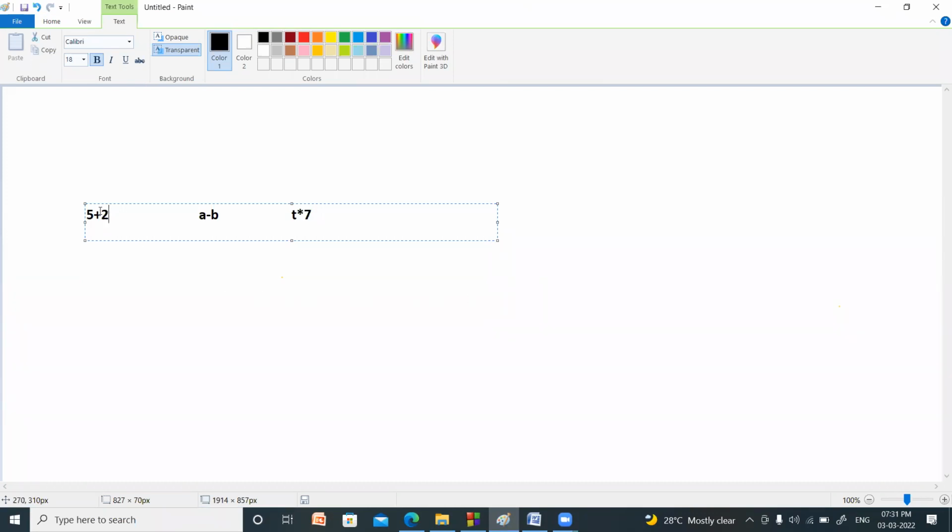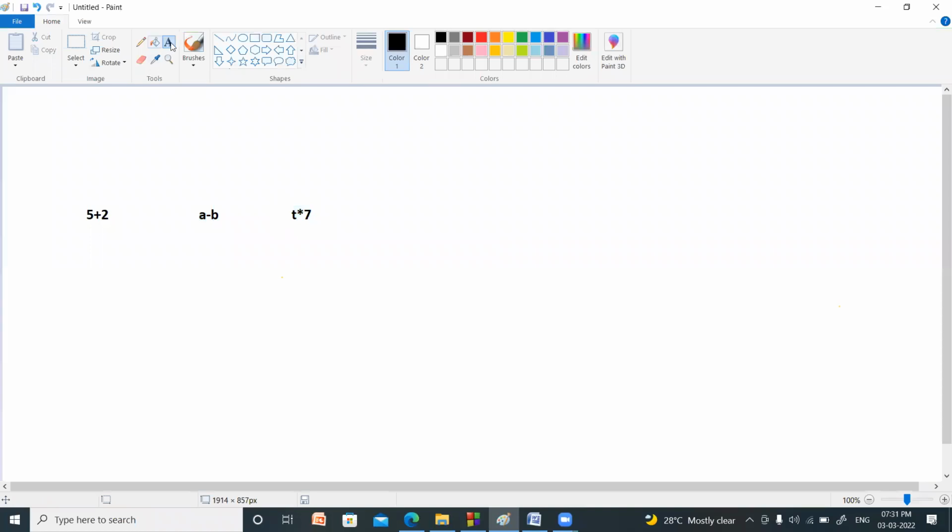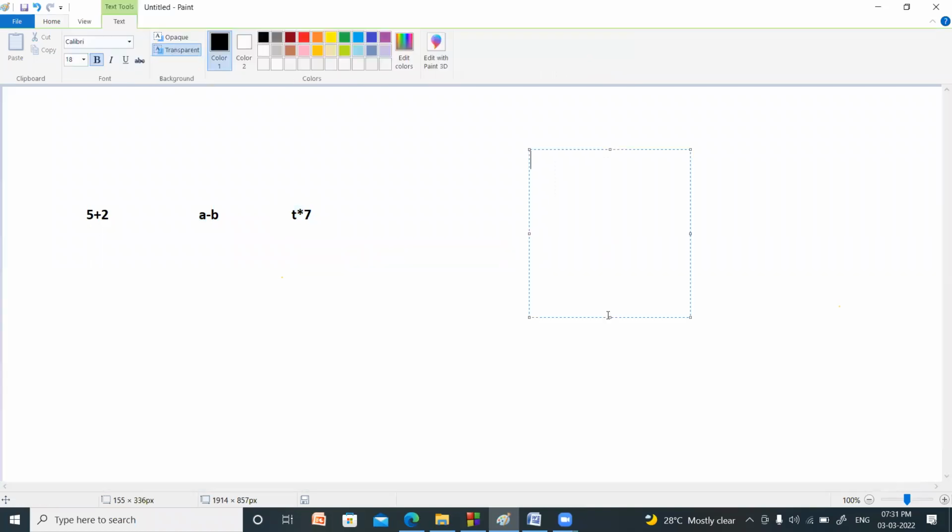Now, these are expressions. On the board you can find 3 expressions. In the first expression, what is the operation I am carrying out? Sum. Good, sum. In the second expression? Subtraction. Third expression? Multiplication.